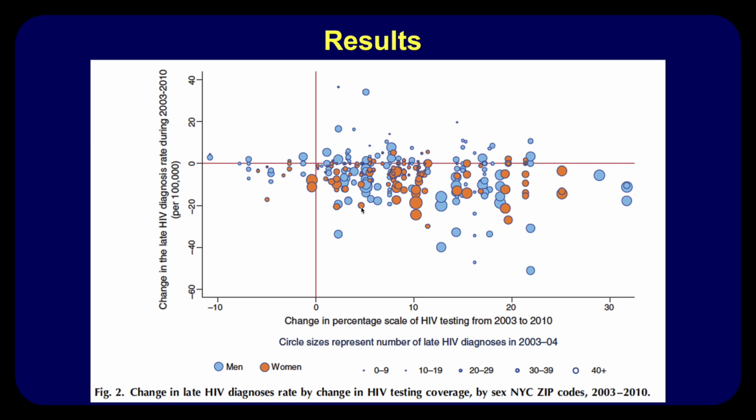And the sizes of the circles represent the number of late HIV diagnoses, just so you can get a sense of how that varied a lot from neighborhood to neighborhood. And here you can visually appreciate a potential relationship such that where HIV testing coverage increased the most, there tended to also be larger decreases in the late HIV diagnosis rate.